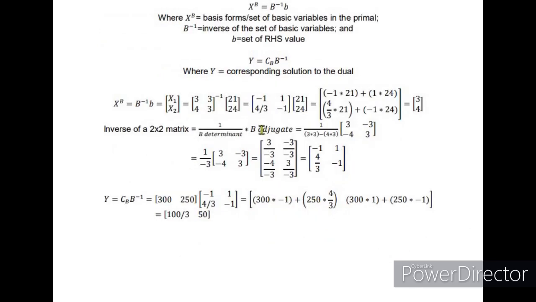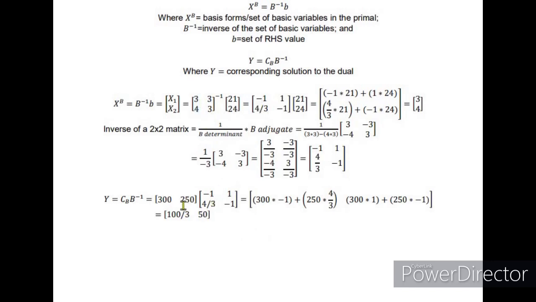Next, for the corresponding solution to the dual, we will use this formula. Here the C sub b, or the coefficients of the variables in the objective function, are 300 and 250. You will multiply it with the inverse of b. We already got the inverse of b, which is this.